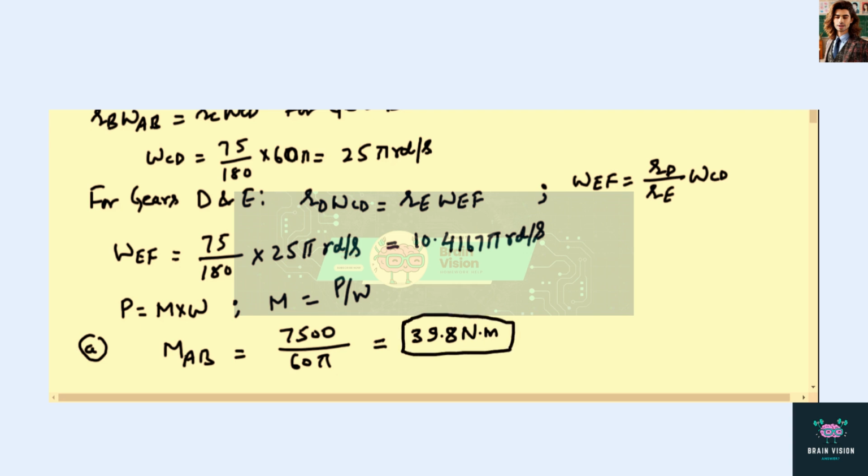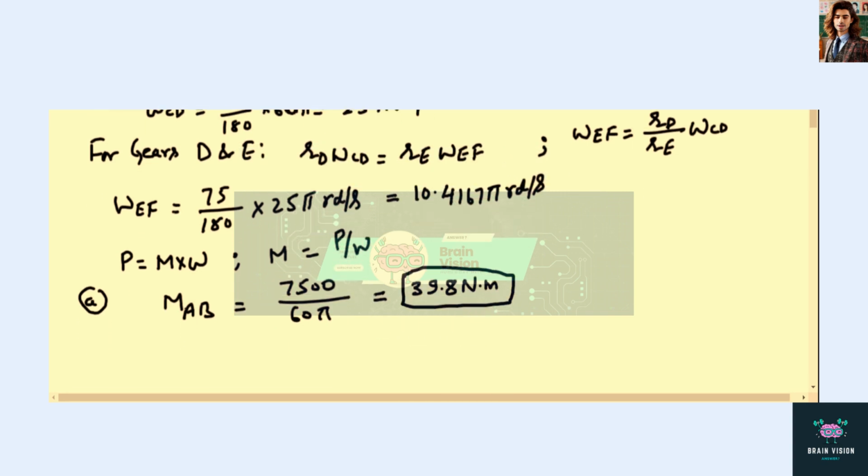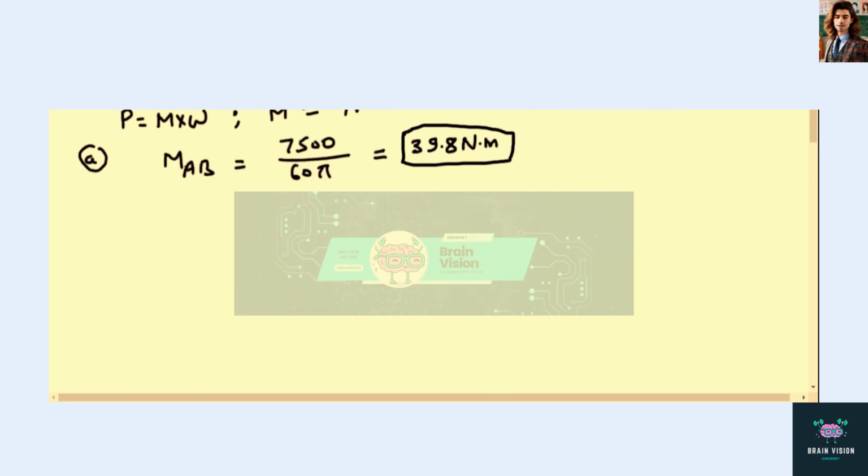Similarly, we can calculate for the other shafts. For CD, couple on the shaft CD is power upon angular velocity of CD, that is 25 pi radian per second. So you will get 95.5 Newton meter.